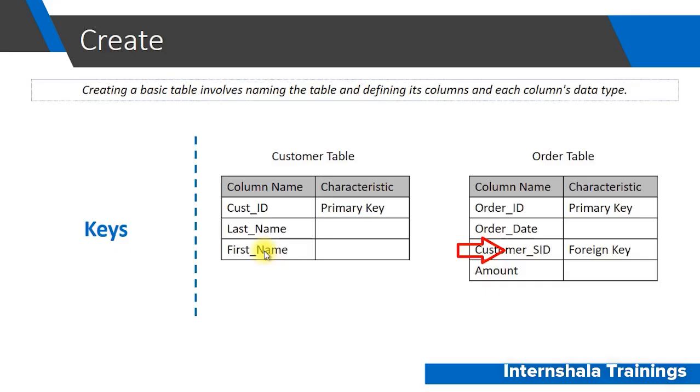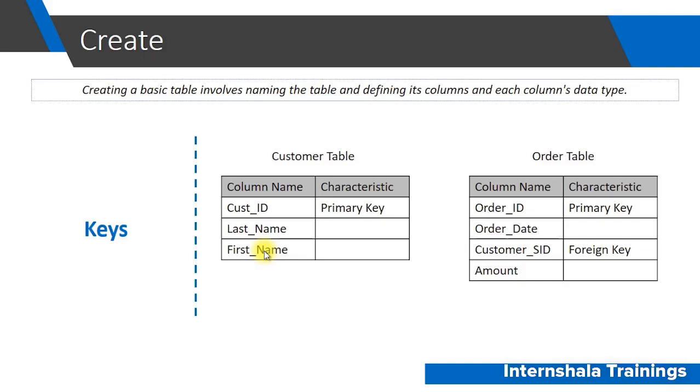So this foreign key column is related to the primary key of the customer table, and it is restricting the values in this column by the superset of values in the customer ID of customer table. So if you can imagine the values in the order table, there will be several orders which will have same customer ID.